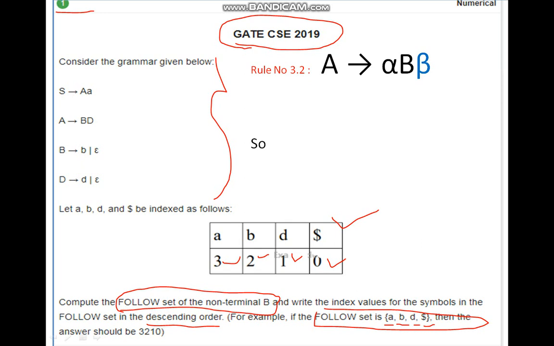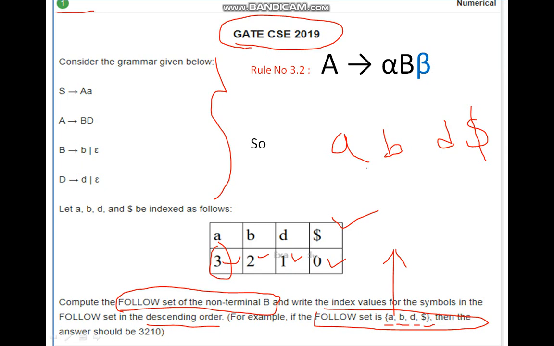So what you need to do, you need to write down the code here. Suppose for A code is 3. Keep this order in mind so that you don't make a mistake. This is just for example.